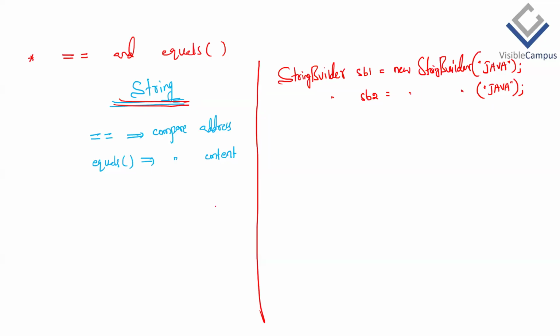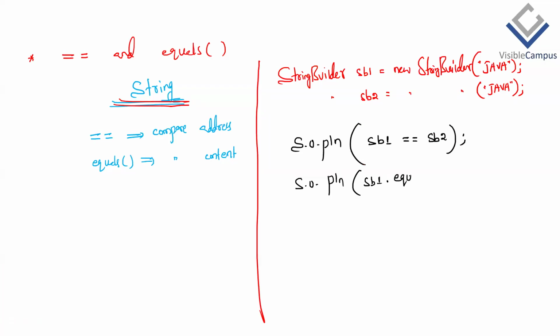So with this, if we go for the comparison, what is that? System.out.println, compare what? SB1 double equals SB2. We are using a double equals operator on two StringBuilder objects to compare. Then similarly, System.out.println of SB1.equals(SB2).